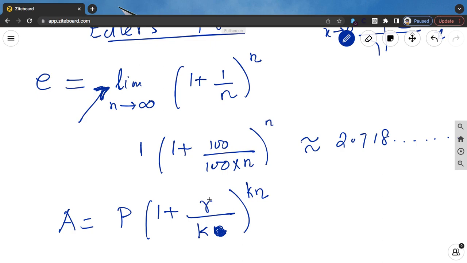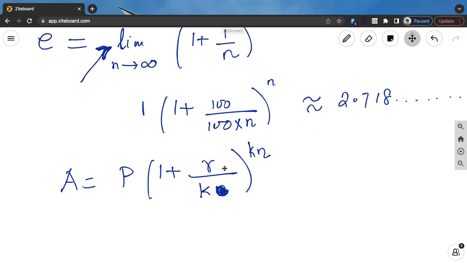If you are wondering why I'm not writing r by 100, it is because instead of writing 5%, I'm writing it as 0.05. That's why I didn't put 100.